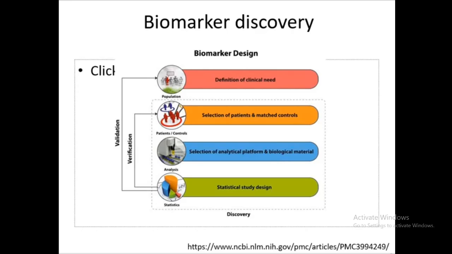In terms of discovery, one approach is to take a selection of patients and matched controls, and then select a platform and biological material that you want to analyze, or mine, if you like, for biomarkers. You then undertake statistical analysis, which will enable you to verify any biomarkers identified and also validate the biomarkers that you've selected.